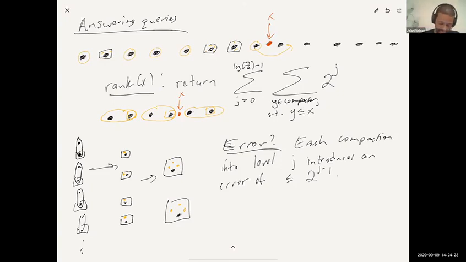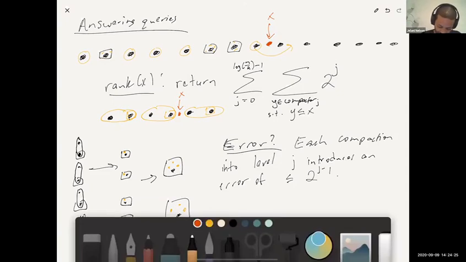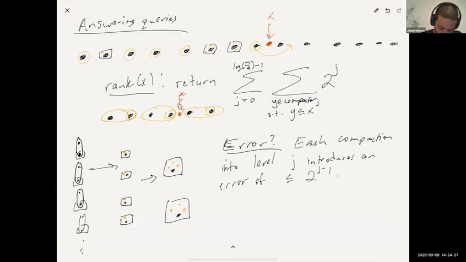I guess the bad case is, what if instead of x being there, you actually had x being here? Kind of in between 2 elements that got merged together. Now, in level 1, I'm only going to see 1 merged element less than me, right? The representative from the second merged element is actually bigger than me, so I'm not going to count it, right?